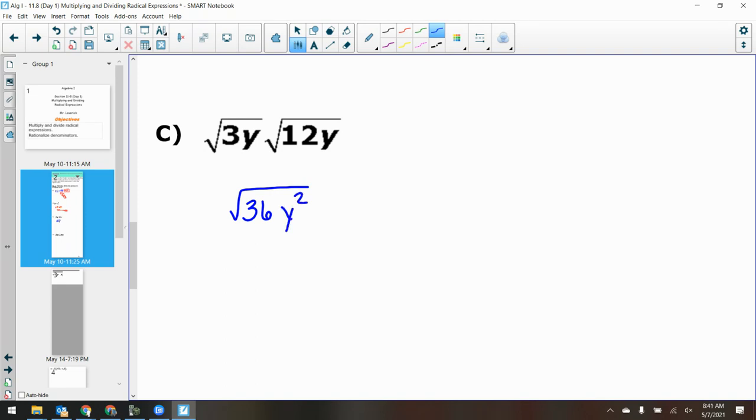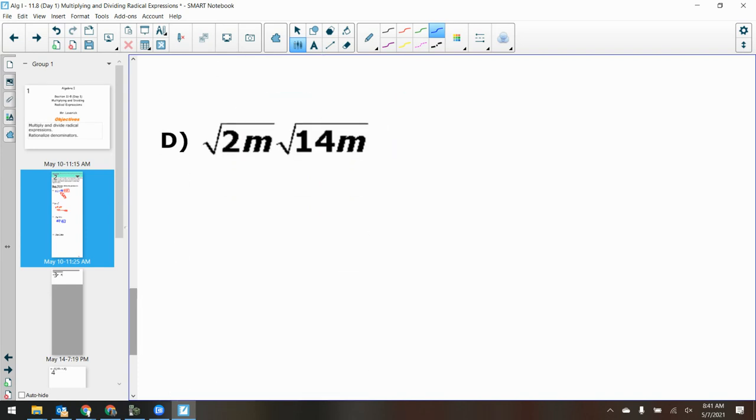And then that becomes a problem that I could have given you on yesterday's quiz, right? What is the square root of 36? What is the square root of y squared? And that's my answer, 6y. Not too bad, right? It always turns out pretty easy.